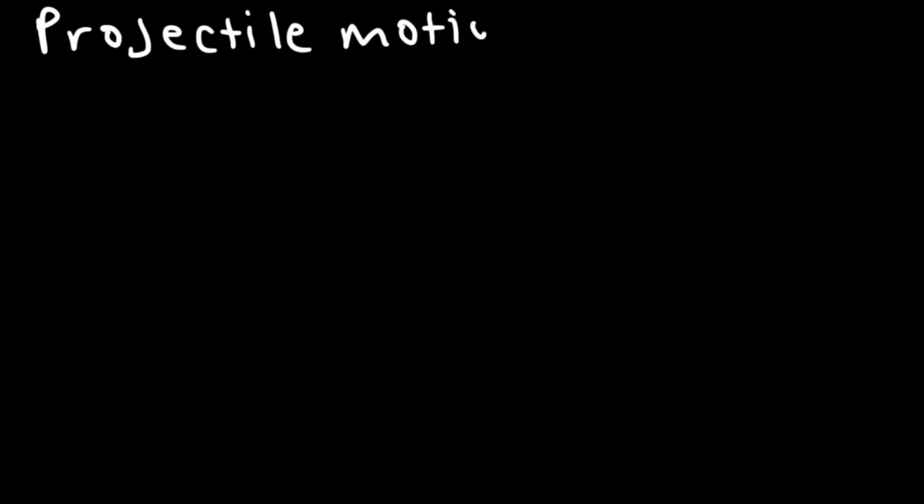Now the next topic that you want to be familiar with is something called projectile motion. So what is a projectile? A projectile is basically an object that is moving under the influence of gravity.